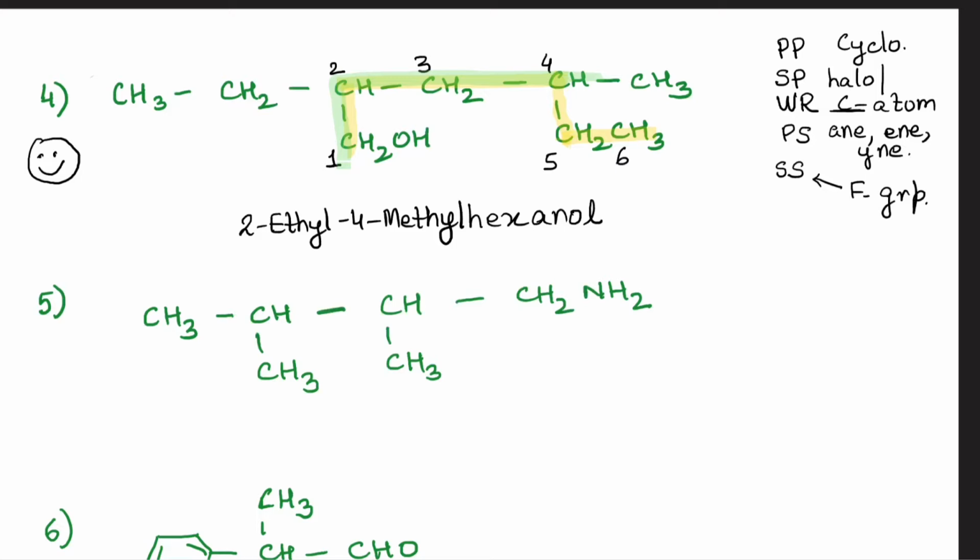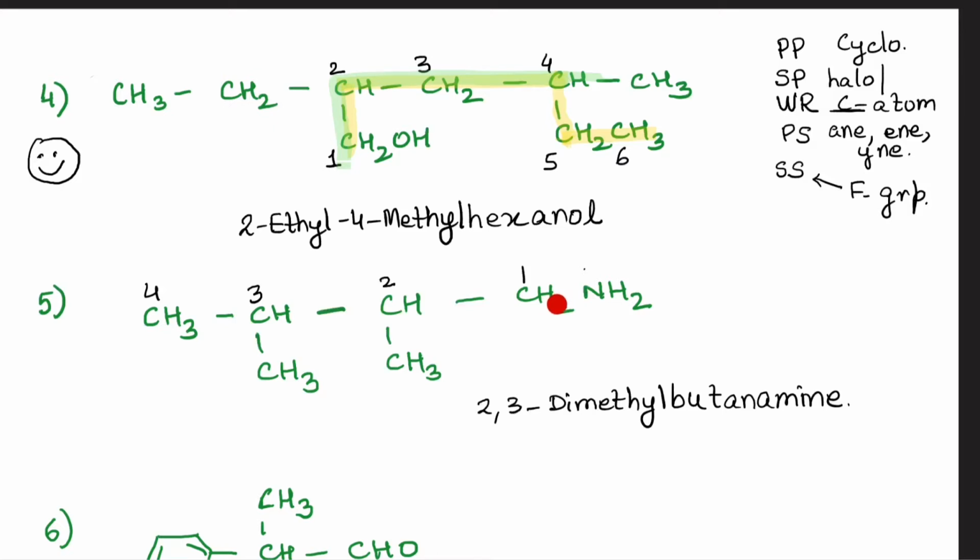You can see it on your screen. So supposing you haven't attempted, why don't you attempt it with me? Go ahead. The name of this compound number 5 is 2,3-dimethylbutanamine. You notice over here, you are not going to give a number to nitrogen because our base chain, the backbone of organic chemistry, is the carbon atoms, right?